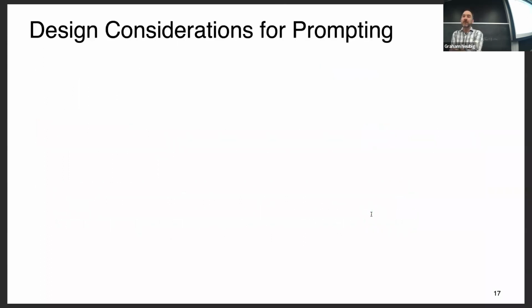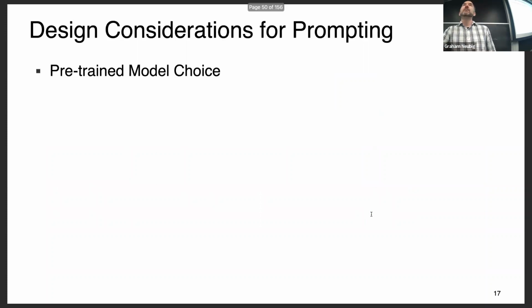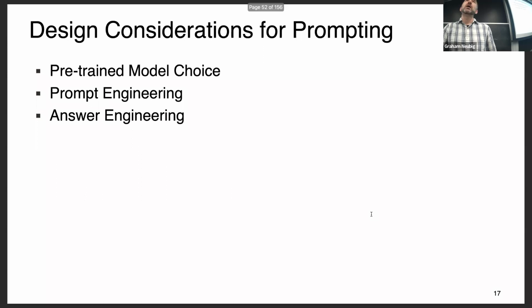So if we think about a few design considerations for when we're doing prompting, the first one is which pre-trained model do we use? Usually the answer is a good one, because it needs to be a good language model in order to do well at prompting. However, still within that, there's a few considerations about which one you want to be using. Also, how do we come up with the prompt that we want to be using?